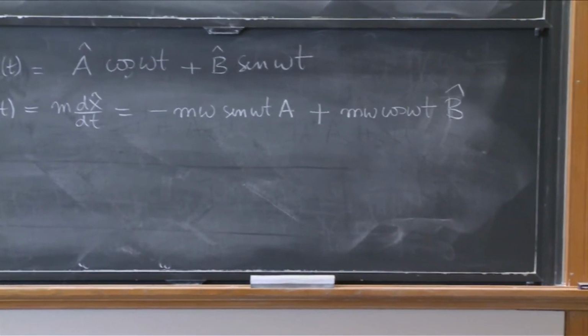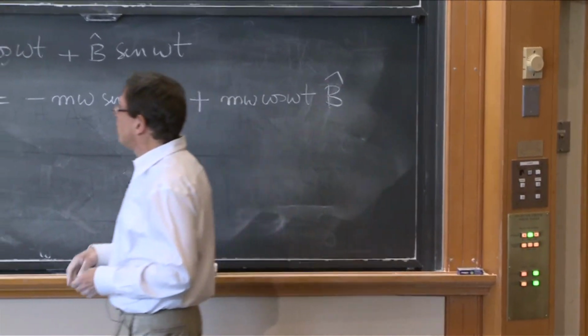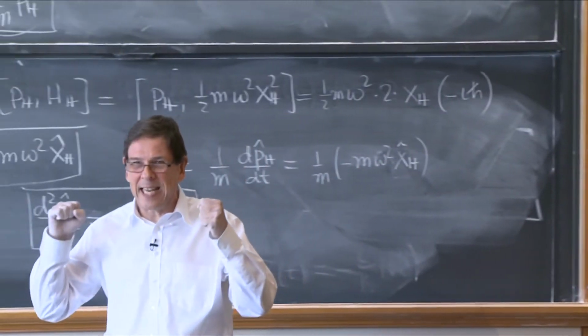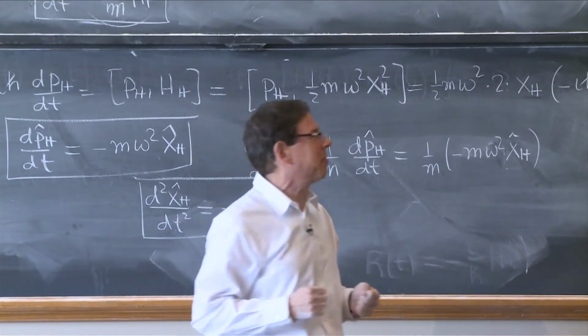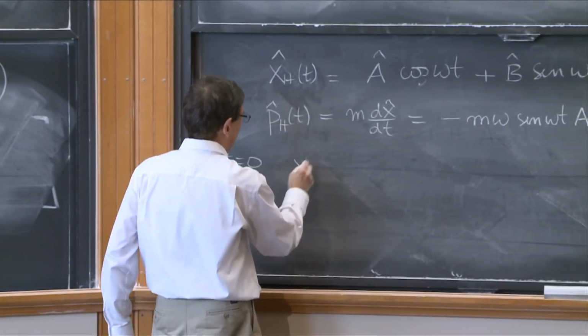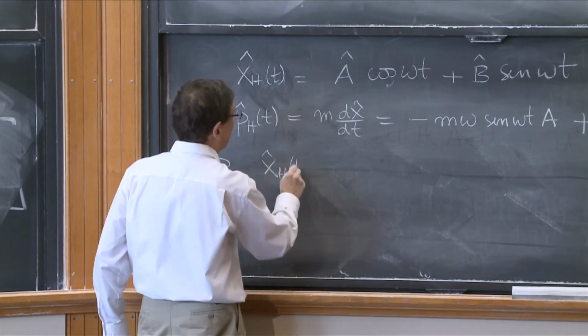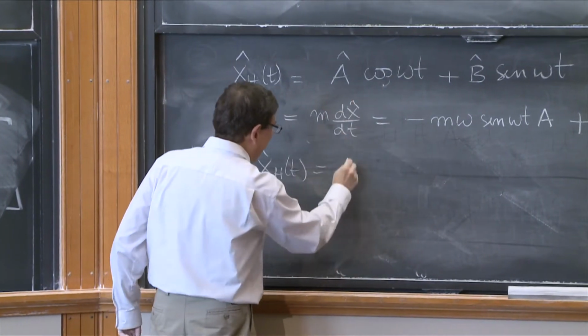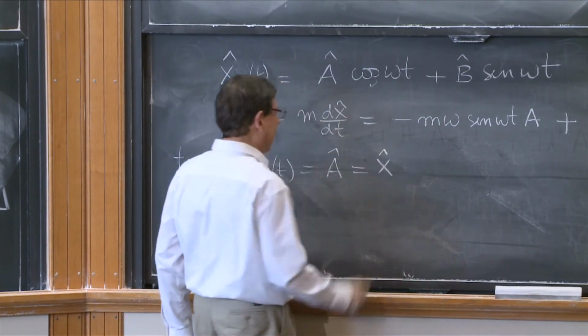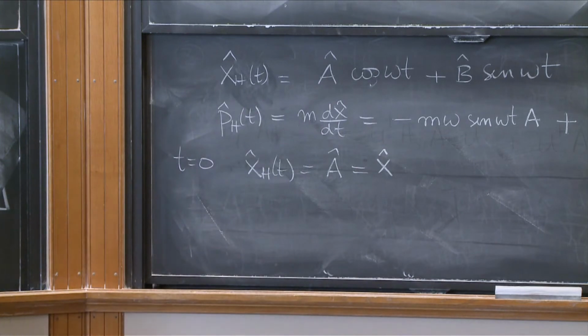No, because you haven't used the time equals 0 conditions. At time equals 0, the Heisenberg operators are identical to the Schrödinger operators. So at t equals 0, x_H of t becomes a, but that must be x hat, the Schrödinger operator.